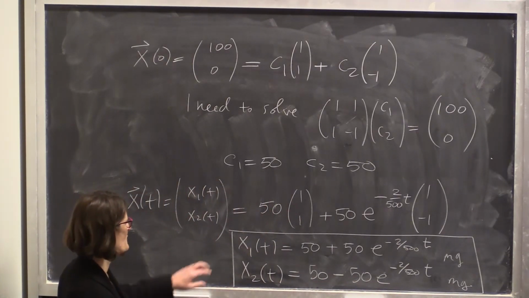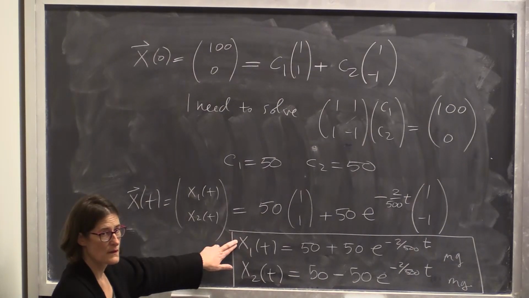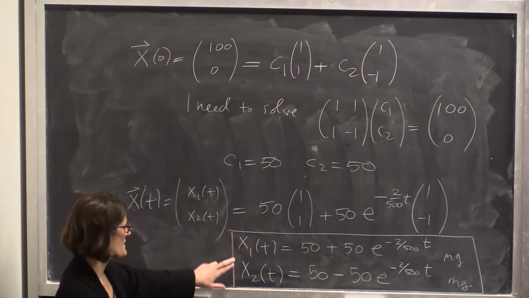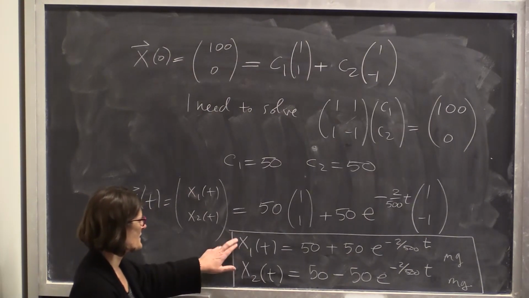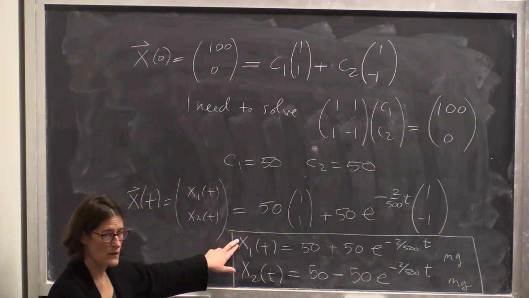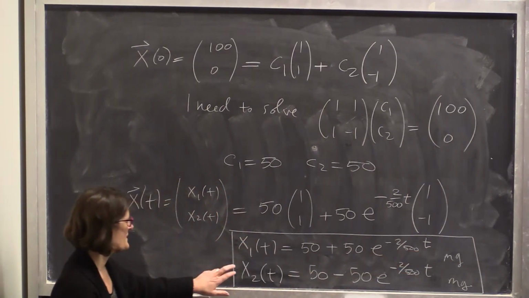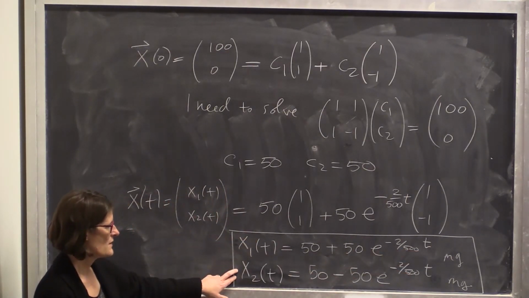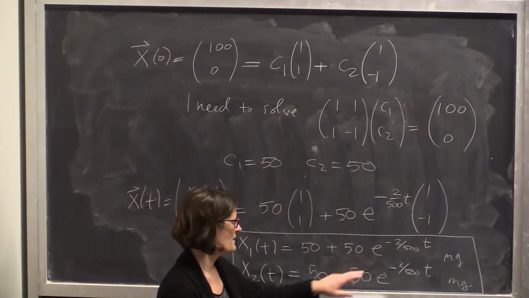As time goes to infinity, what does this go to? 50. As time goes to infinity, what does this go to? 50. At time equals 0, what does this equal? 100. Plug t equals 0 in, you get 50 plus 50. At time equals 0, what does this equal? 0. This decreases to 50 from 100.